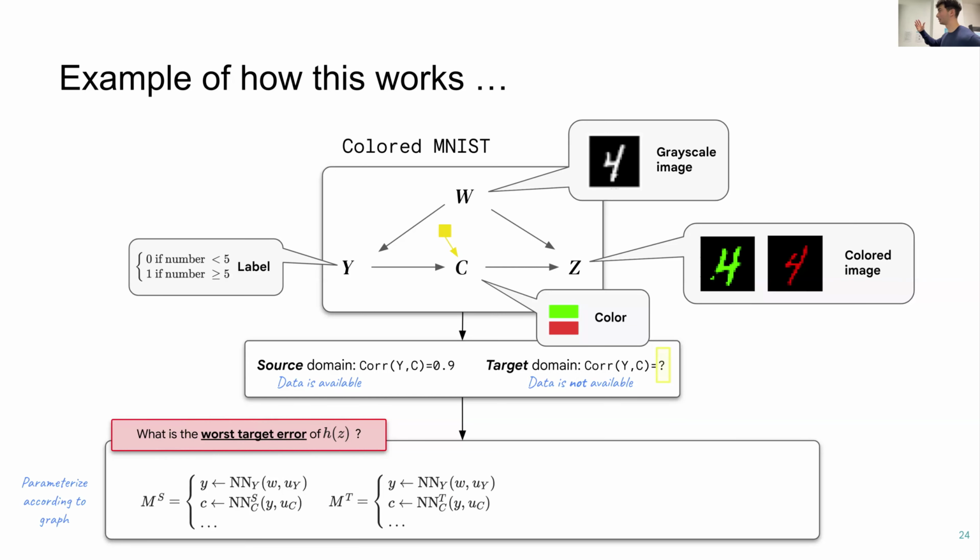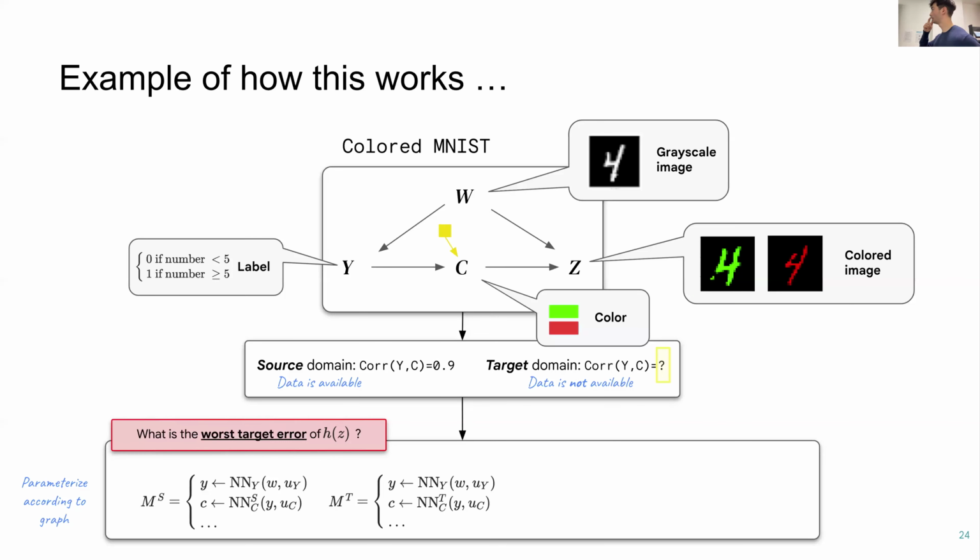And so, for instance, in this particular example, we know we will have two different models, one for the source domain, one for the target domain, in which, for instance, the assignment of y is going to be a neural network that takes the grayscale image as an input and also some independent noise. The color is going to be a neural network that takes the label as an input and some independent noise, and so forth, right? You just follow the causal diagram to define your parameterization.